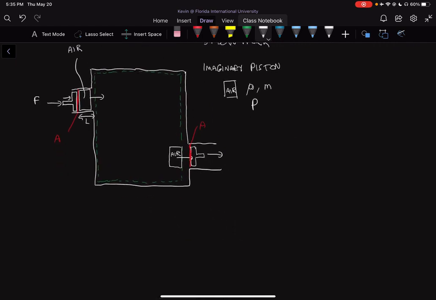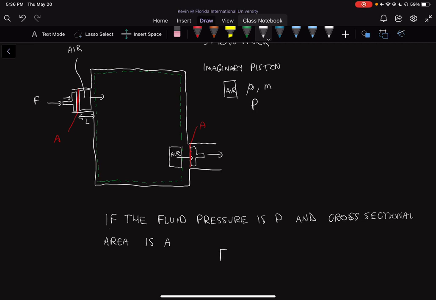We have this system, and we can say that if the fluid pressure, so the air pressure, is P, as we defined above, and the cross-sectional area is A, then from our laws of pressure, force is equal to pressure times the area.